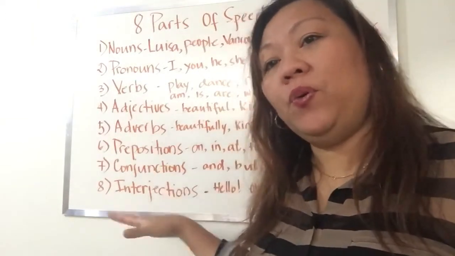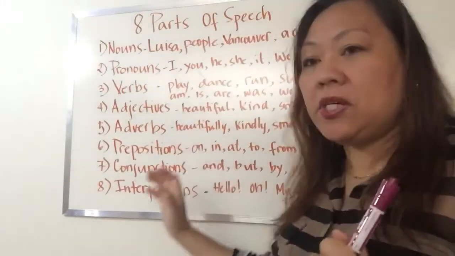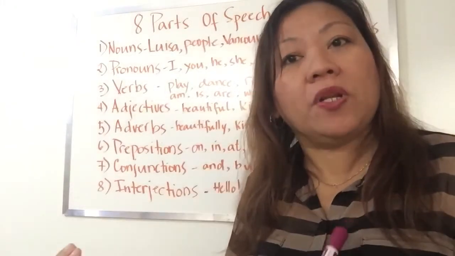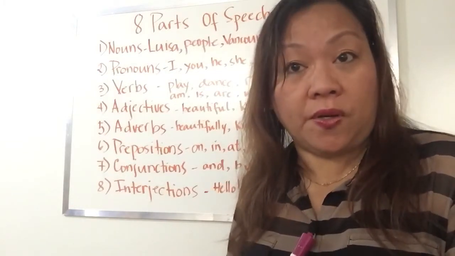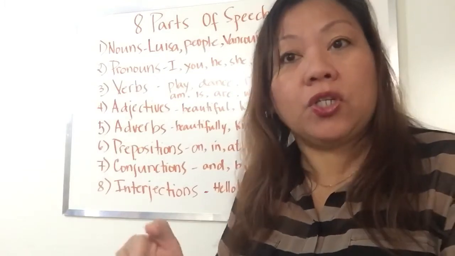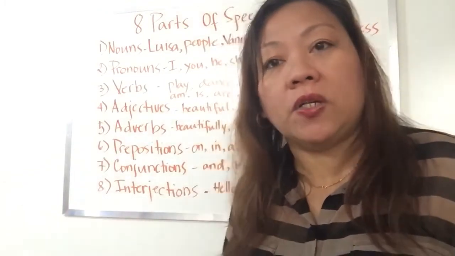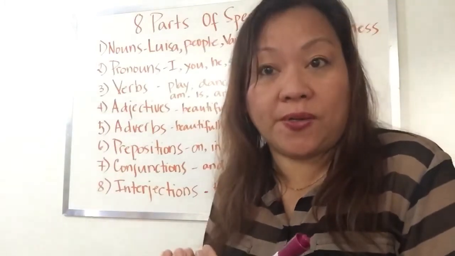And so I will give you more examples of this. Okay, so again, when we say prepositions, these are the words that show relationship between words. This word is used to show its relationship to another word, while a conjunction is used to connect words.